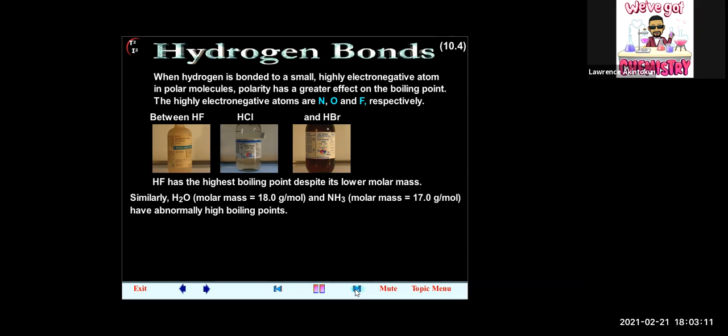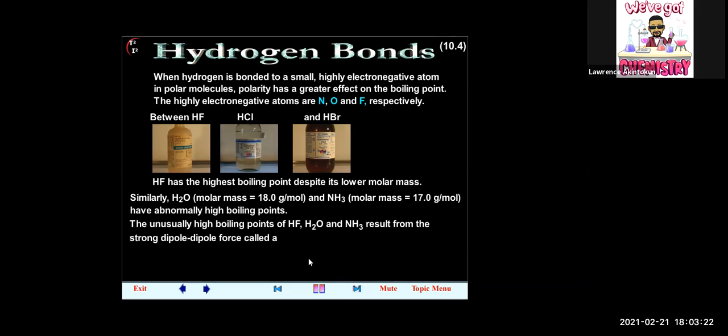Similarly, water, molar mass 18 grams per mole, and ammonia, molar mass 17 grams per mole, have abnormally high boiling points. The unusually high boiling points of HF, H2O, and NH3 result from the strong dipole-dipole force called a hydrogen bond.